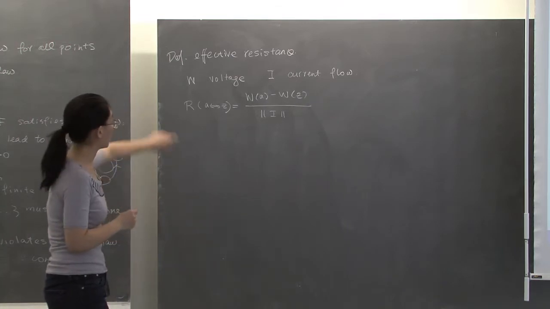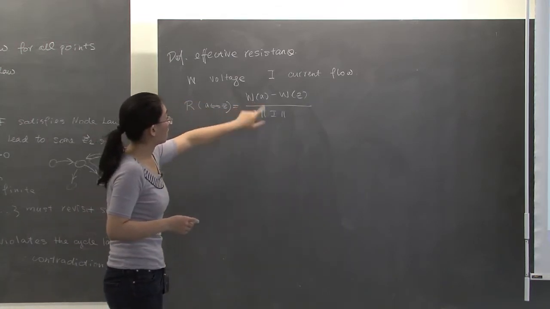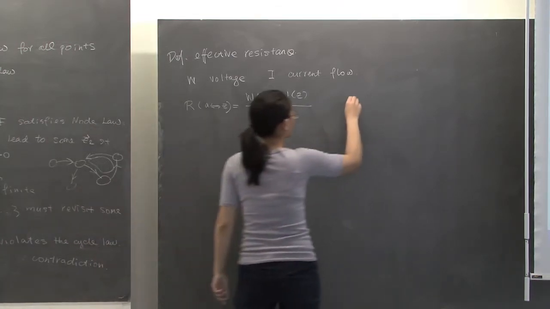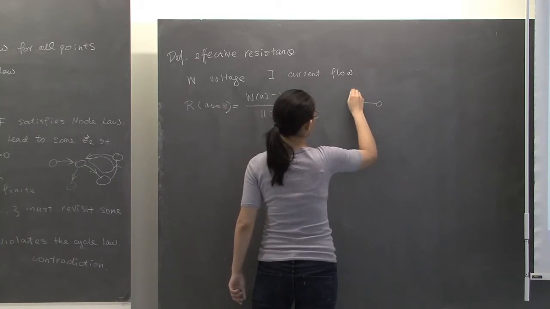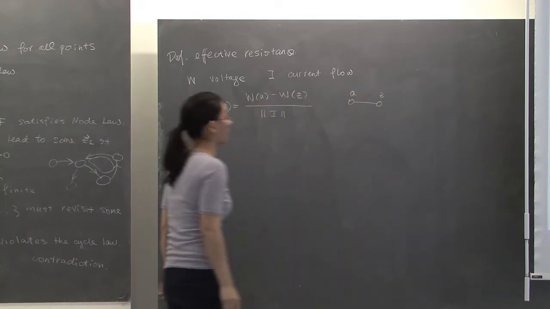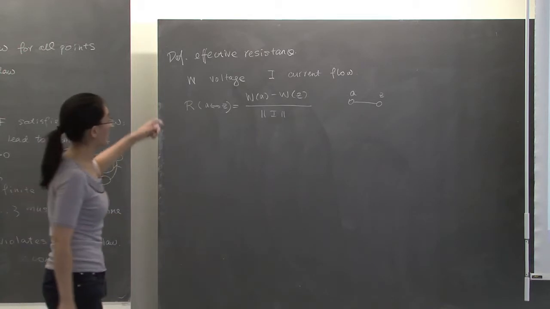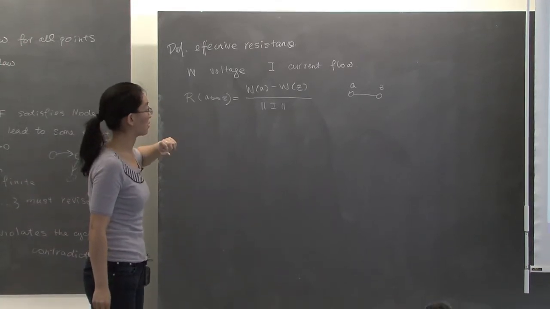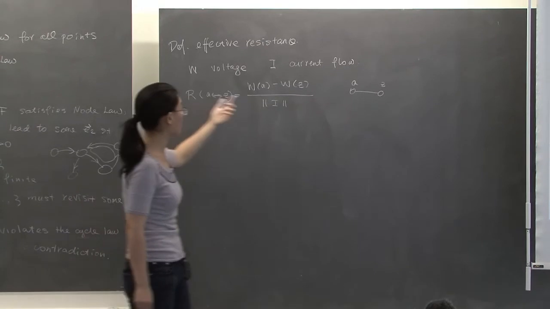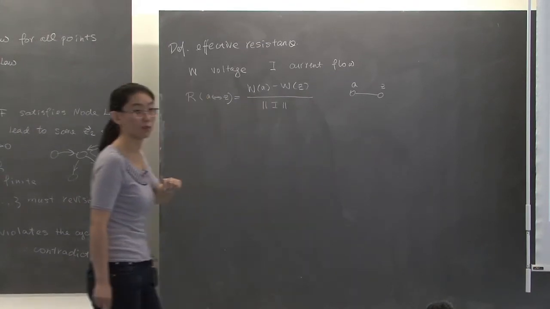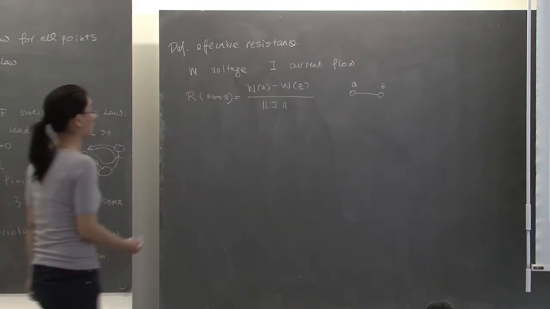So first, one remark: if our network just has one edge and the two vertices are A and Z, then this is defined in exactly the same way as Ohm's law. So resistance times the current equals the difference of the voltage. So this is the first remark.